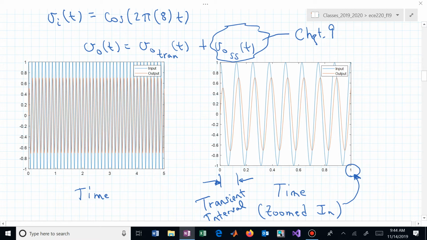That's in this particular system, but hopefully you can see that relative to what's typically happening, we're more common in the steady state part of our response versus the transient.